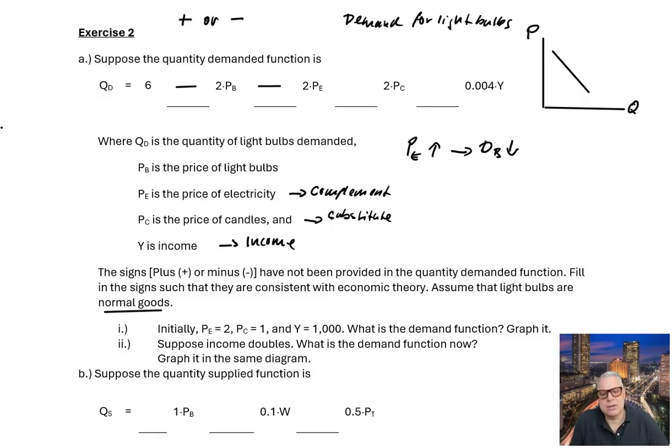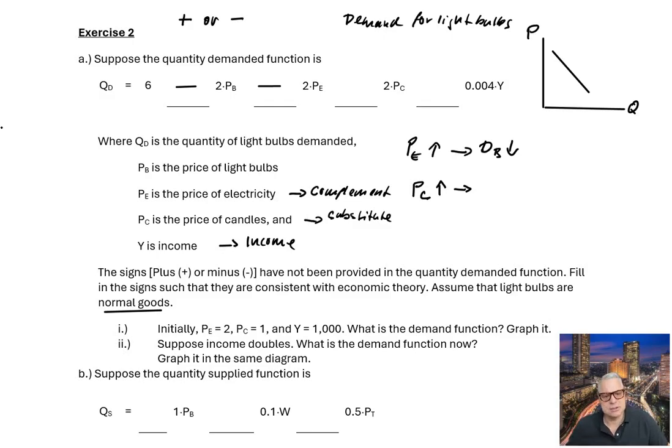Okay, so now the next one is the price of candles. The candle is a substitute, and if the price of a candle goes up, that means you will replace all your candles at home maybe by light bulbs.